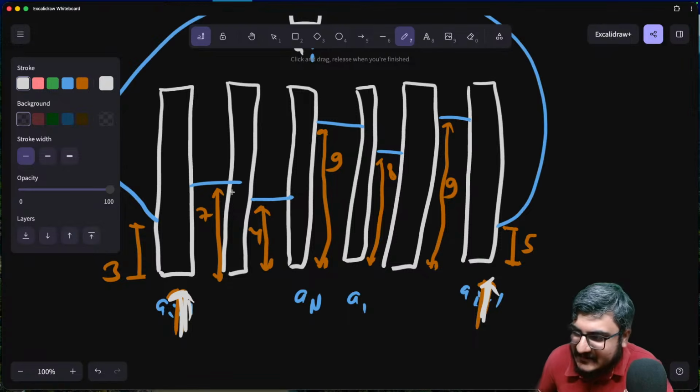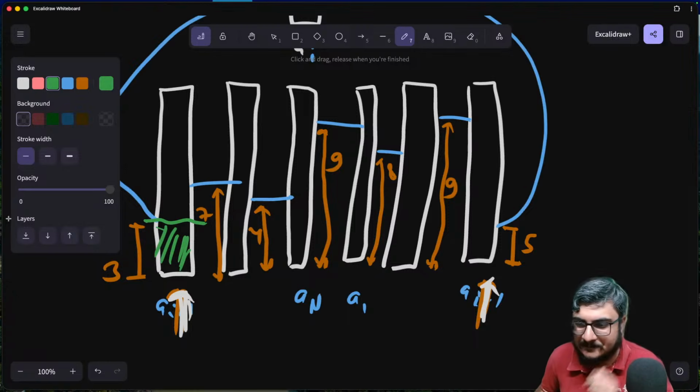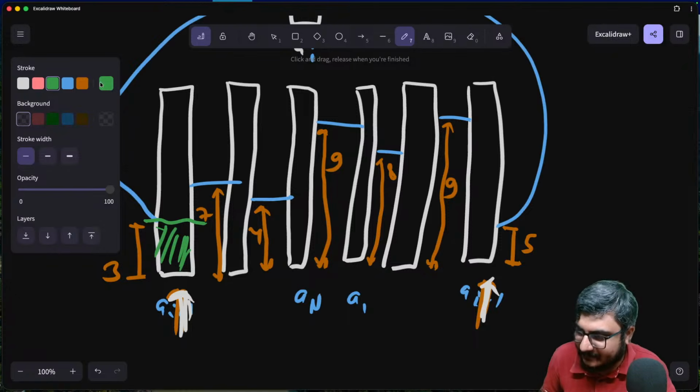What I am claiming is that if I fill water up to height 3 over here, then this will not overflow to the right side. The key reason for this is that on the other side the pipe is at height 5, so water from this side will flow only if all of these have water more than 5.